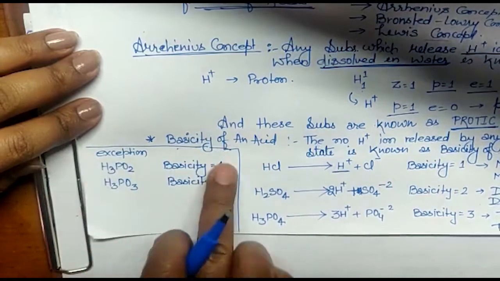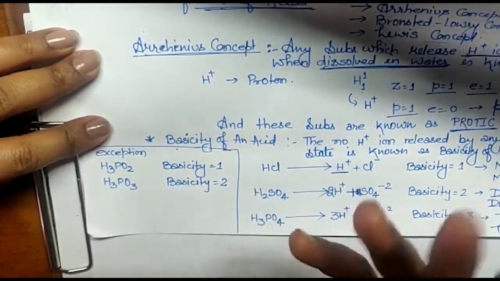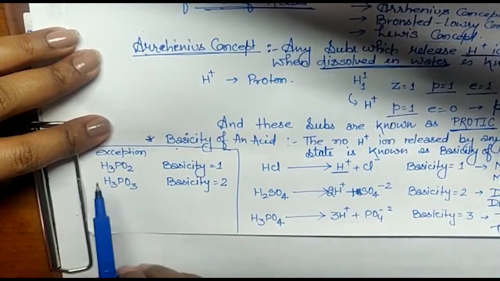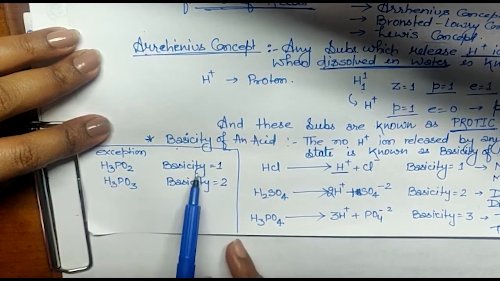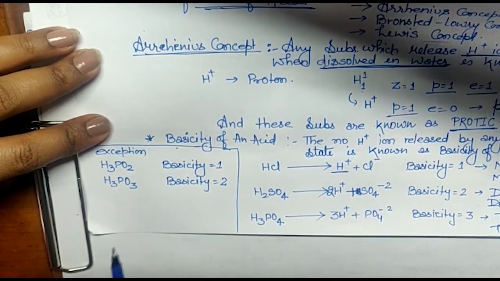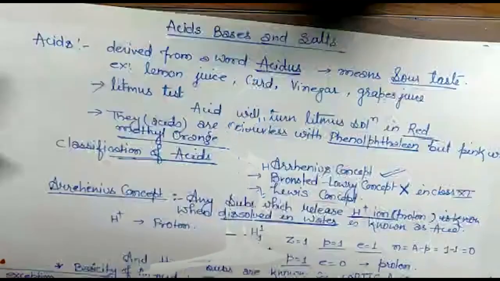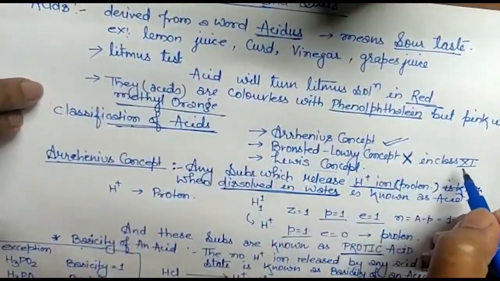If anybody is interested, you can ask personally, I will explain it. Just as an exception you have to learn, although it is having 3 hydrogens, it doesn't give 3 H plus, it gives only 1. Basicity is 1, and here also 3, but it gives only 2, so basicity is 2. Got it? Okay, so after this Arrhenius concept, as I said, the Bronsted-Lowry concept we will do in class 11th.